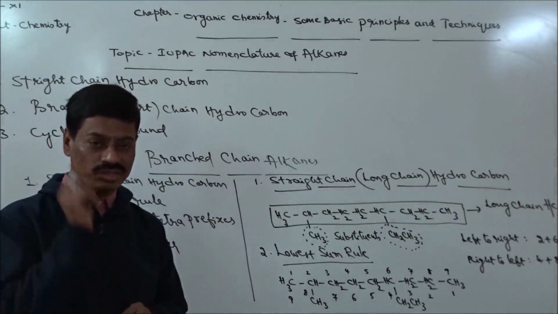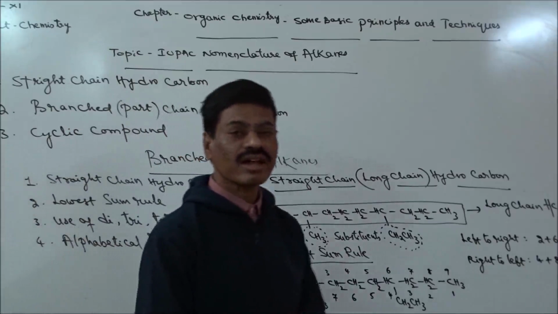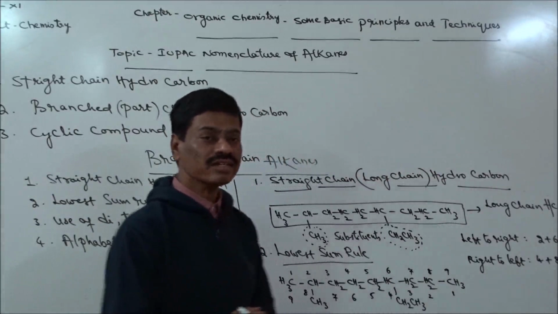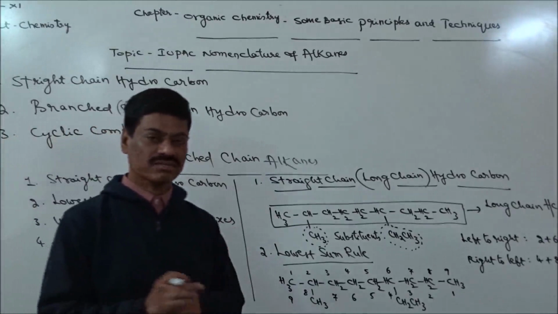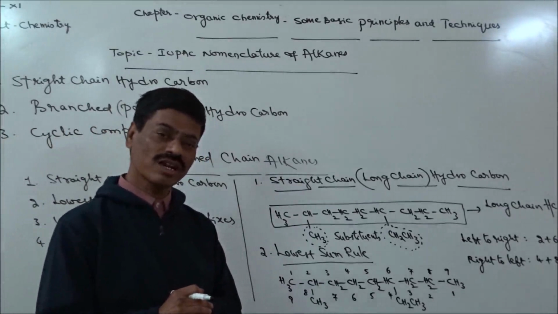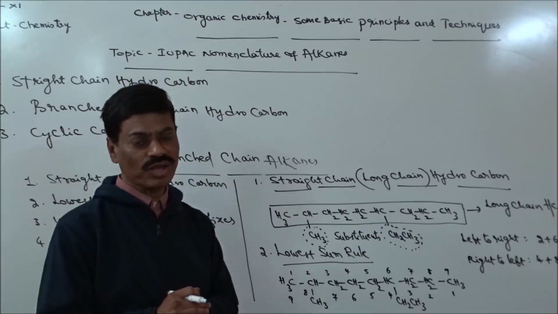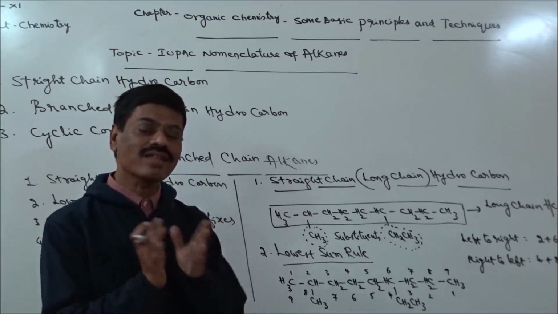That is what the lowest sum rule states. According to this rule, numbering is done in the case of an alkane containing more than one substituent, when numbering is done in two ways, left to right and right to left. In both ways, we have to find the sum and compare which one is less than the other.